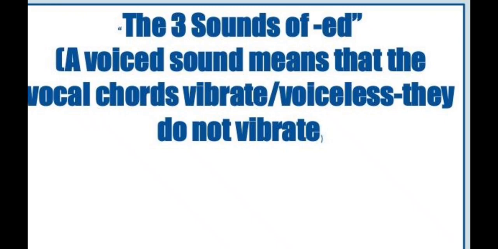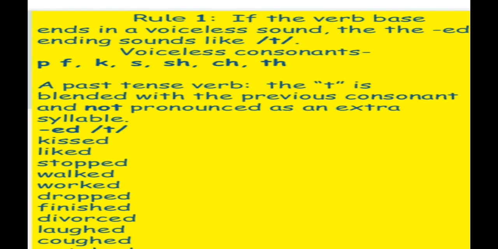So we are going to go in depth with the 3 sounds of the ed. A voiced sound means that the vocal cords vibrate, and voiceless means they do not vibrate.